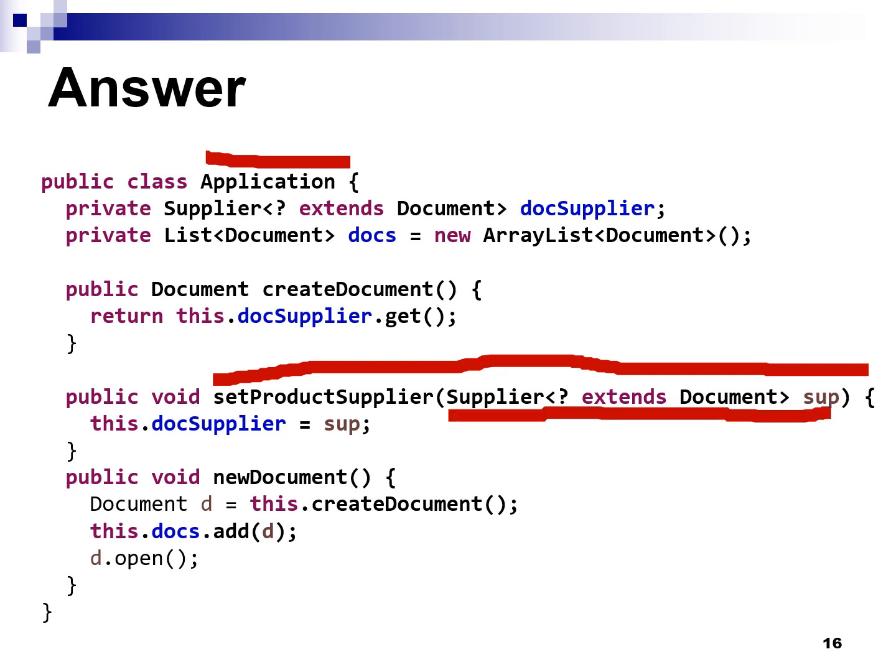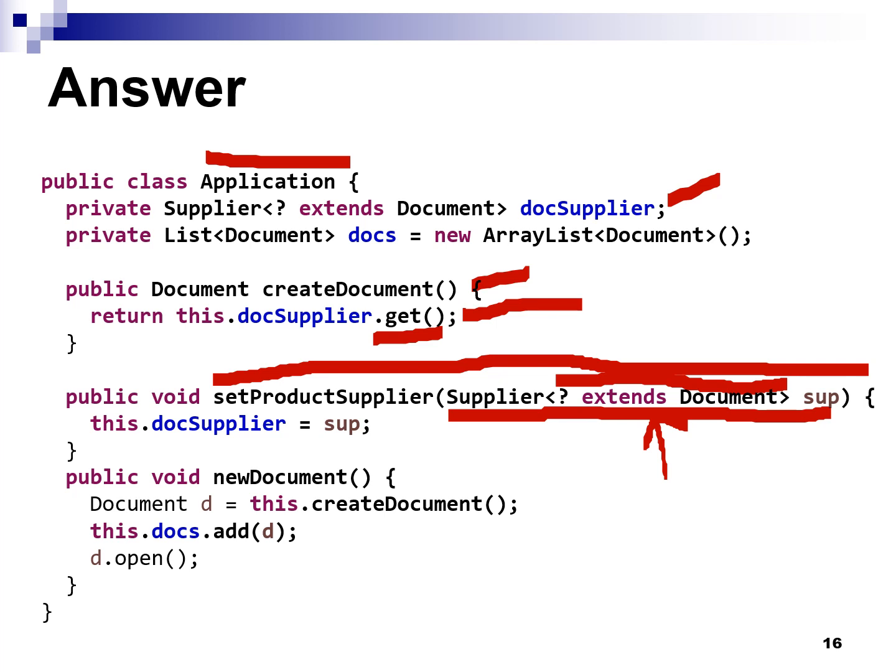Remember that a supplier is a functional interface that has a method, get, that returns an object. So the idea here is that we parameterize the application with a supplier that provides a subclass of document, and in create document, we just call the method get on the supplier that we have stored, right?